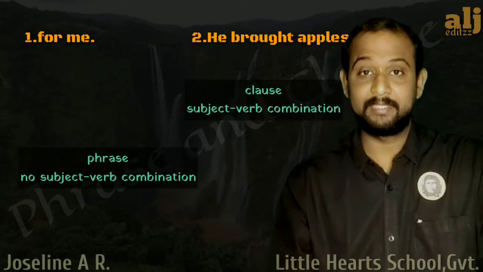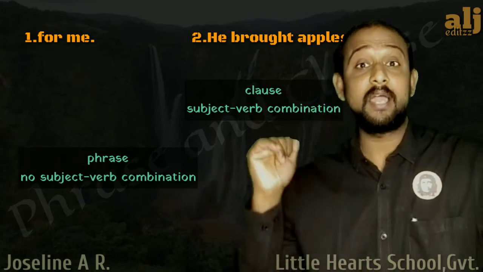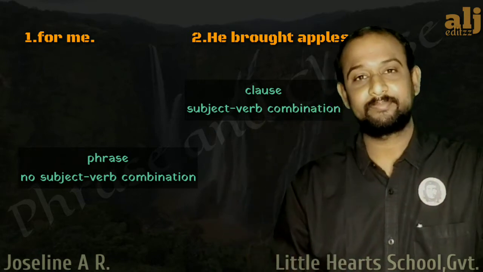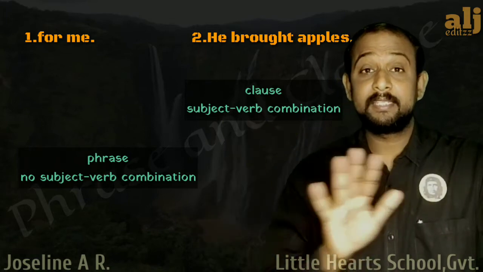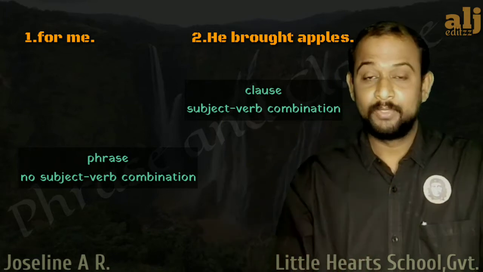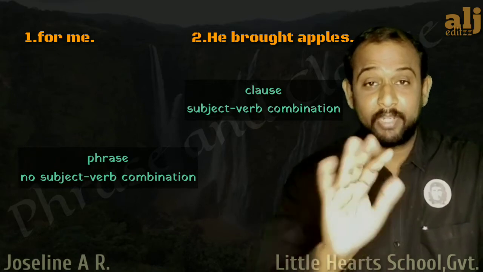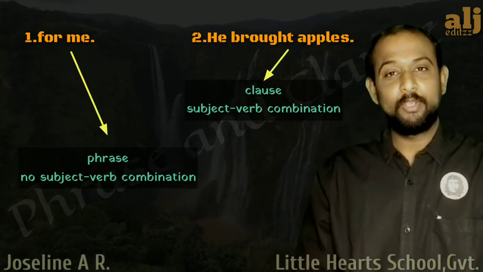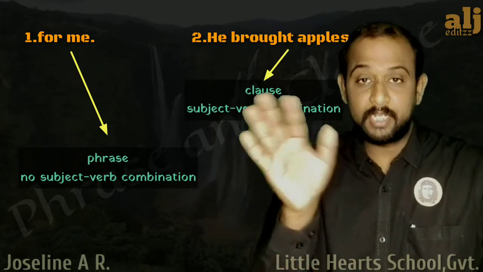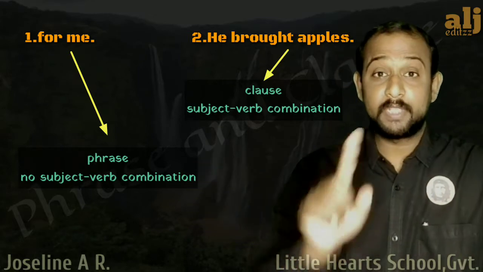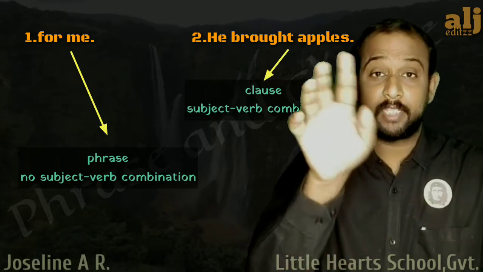It makes complete sense. It is also a simple sentence, so it is called a clause. Whereas the first group of words, for me, doesn't stand by itself, so it cannot be a clause, it is a phrase. Got the point? A group of words with no subject verb combination is called a phrase, and a group of words with a subject verb combination is known as a clause.